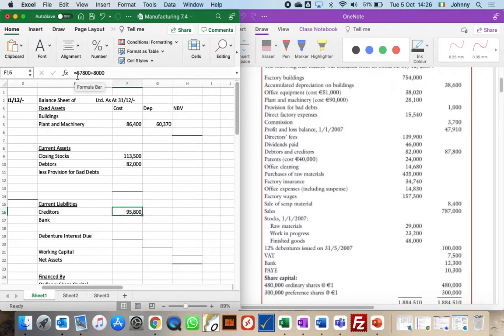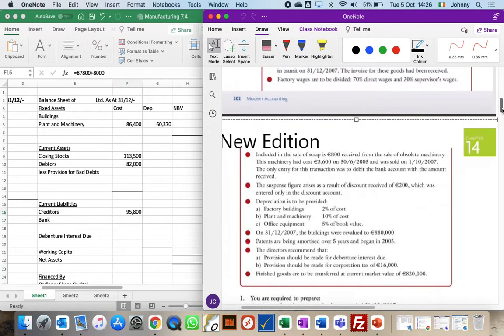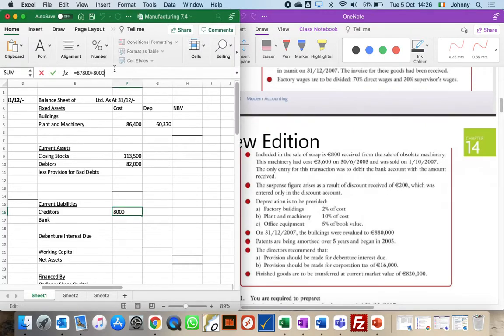Now I've already adjusted creditors because of one of the notes we have earlier on. This was the first note that we saw about goods in transit. I added 8 grand because I bought goods and I haven't actually put them into the accounts yet. So 200 is going to have to be taken away from creditors. So the new creditors figure is this number here.